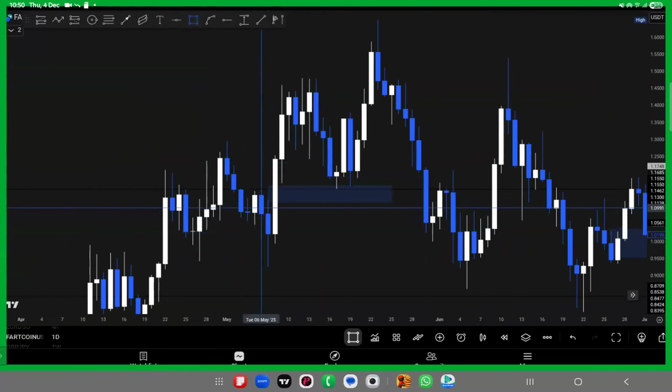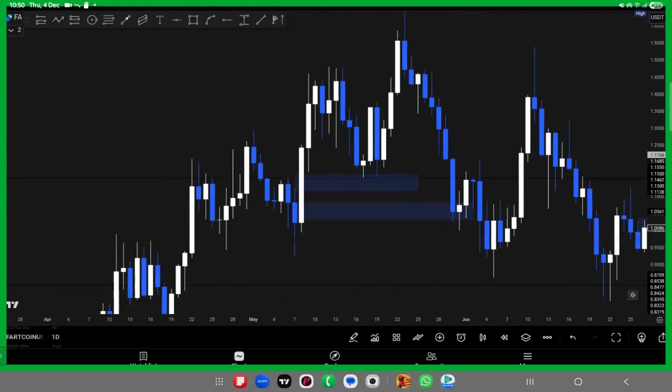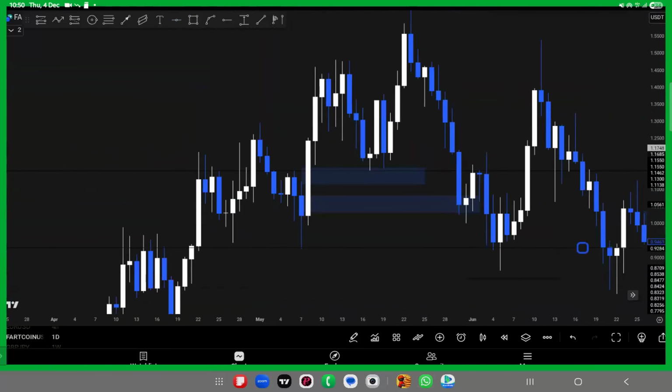This is a perfect demand zone, but since the market is in a downtrend, it fails to hold, because you expect the market to form a lower low.